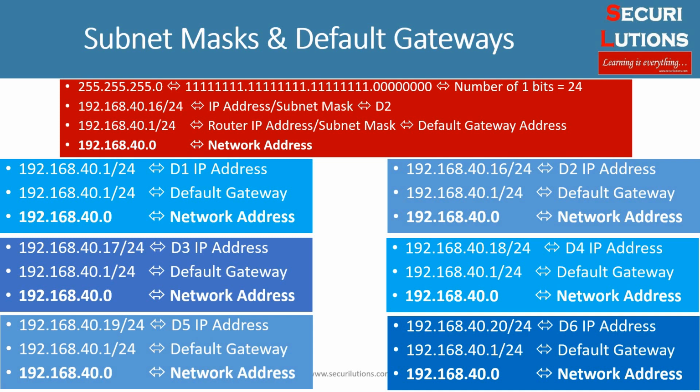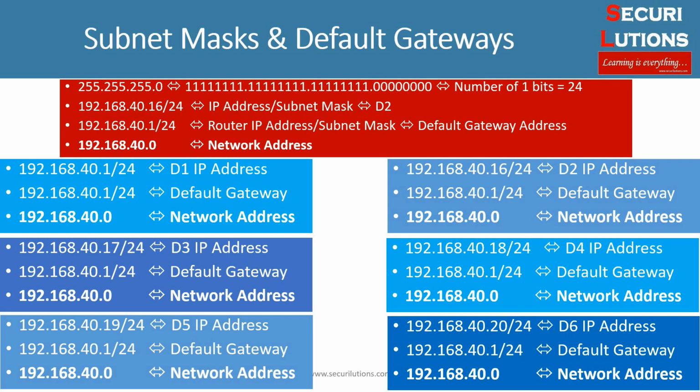For device 1, the IP address is 192.168.40.1/24. For device 2, the IP address is 192.168.40.16/24. For device 3, the IP address is 192.168.40.17/24.